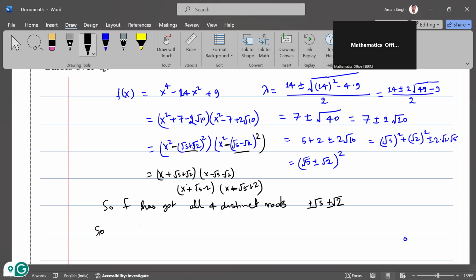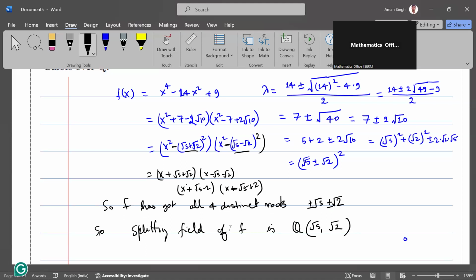If you attach the splitting field of F, if you just attach root 2 and root 5 over Q, then F has all its roots inside this.